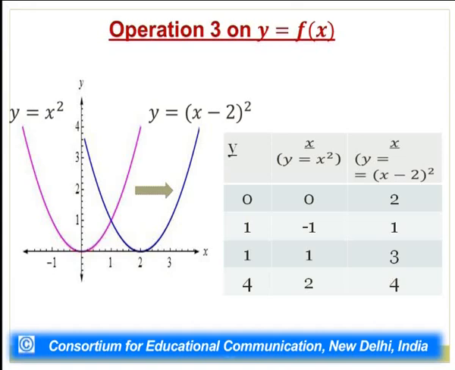And that is nothing but to say that if I fix the value of y, for a given value of y, the new graph x minus 2 the whole square will lie 2 units to the right of the original graph y equal to x square. So I hope things are clear here, and you can listen to this recording again if you still feel you need to understand things.